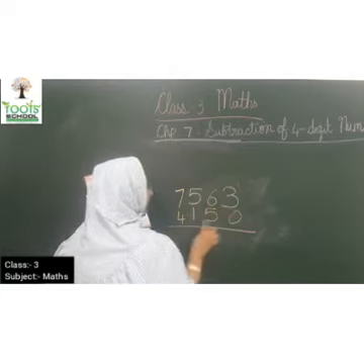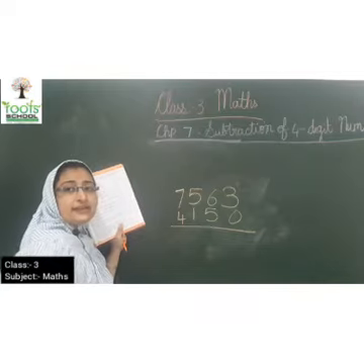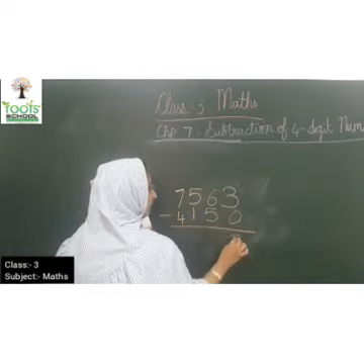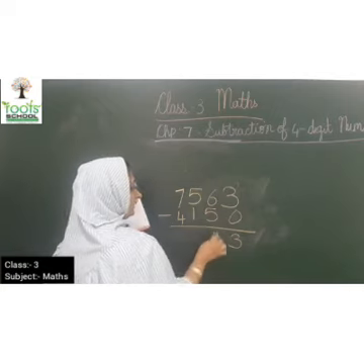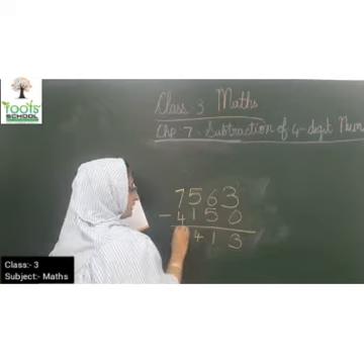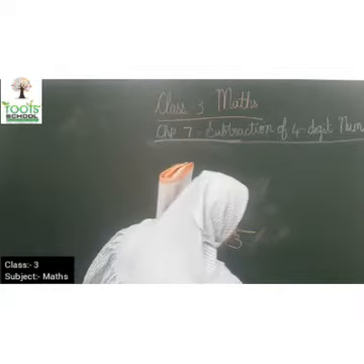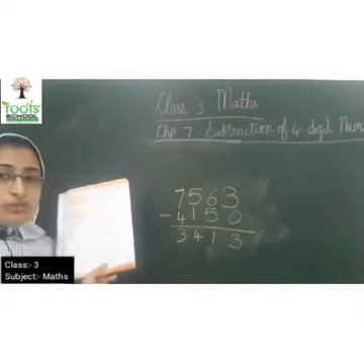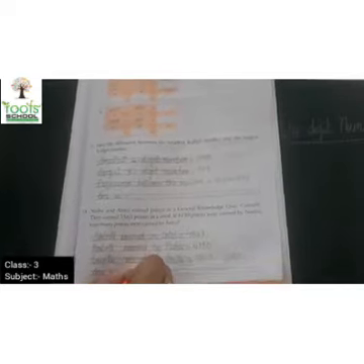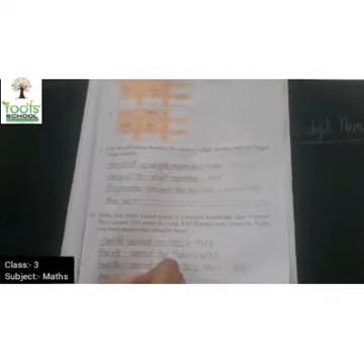So when we subtract this from the total, we will get the points earned by Anita. Now subtract it. 3, 6 minus 5 is 1, 5 minus 1 is 4 and 7 minus 4 is 3. So what are the points earned by Anita? It is 3,413.